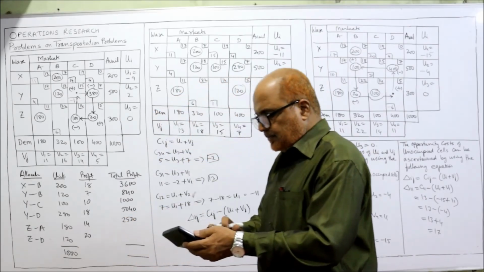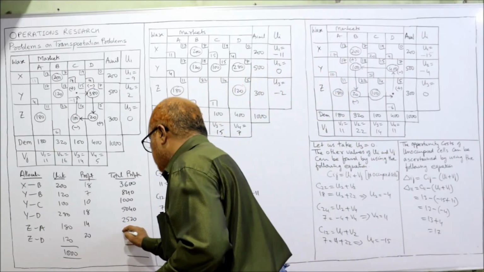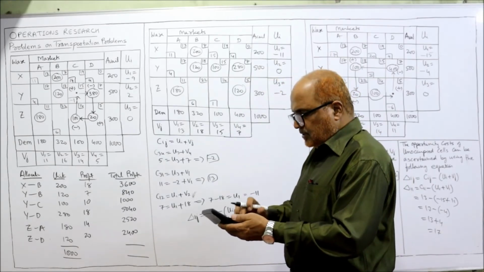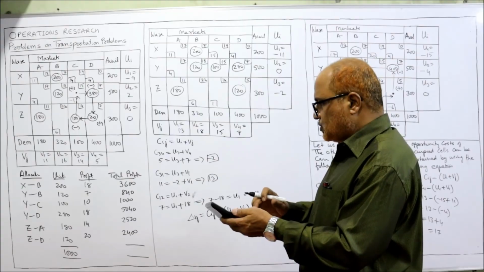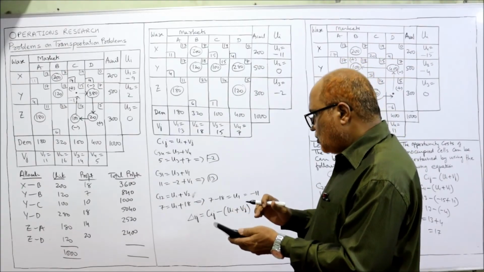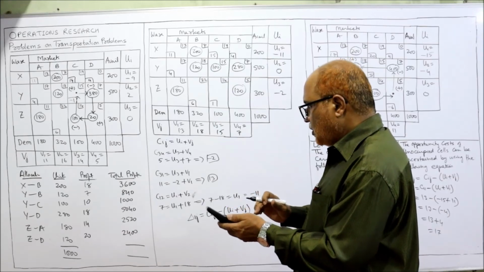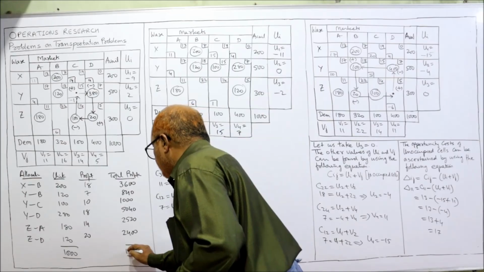Last one, 120 into 20, you will get 2400. Now simply add up 3600 plus 840 plus 1000 plus 5040 plus 2520 plus 2400. It comes to 15,400.